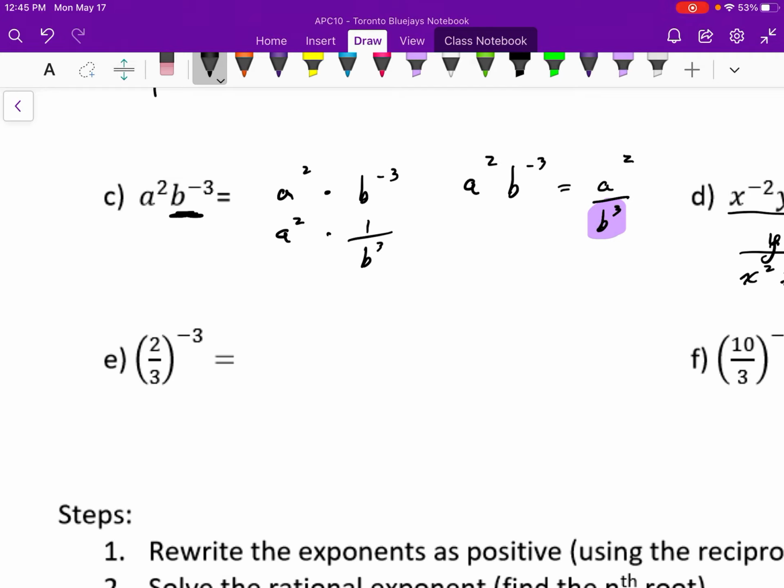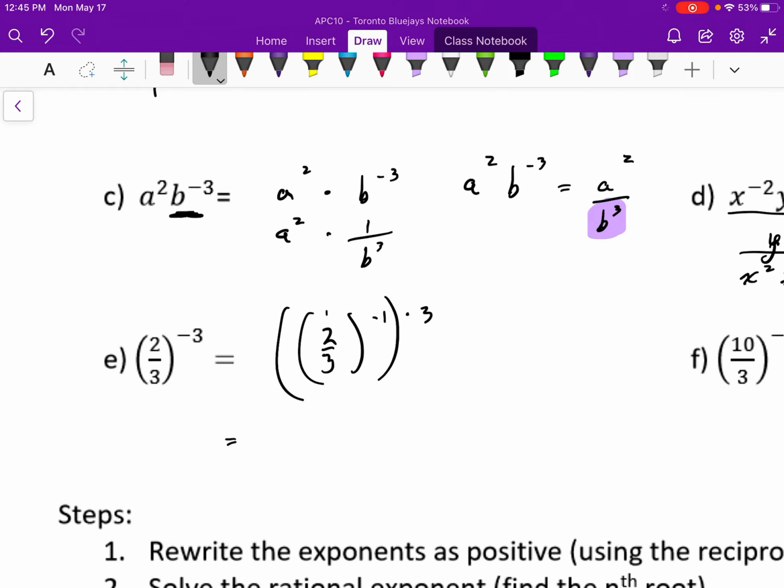Now, recall what a negative exponent means. The negative exponent means a reciprocal. So, really, what we can do is, now I'm going to split it apart. I'm going to decompose my exponent. I could call this 2/3 to the power of negative 1 times 3. Are you with me on that? And I'm just going to put this in brackets.